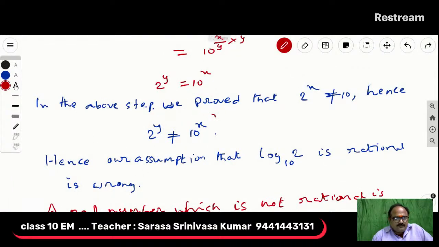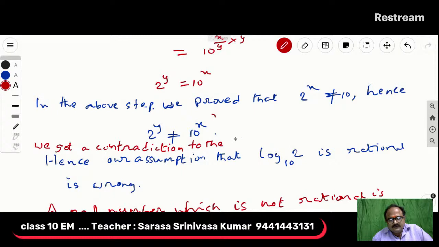Here we should write a step. We got a contradiction to the fact that 2 to the power of y is not equal to 10 to the power of x.